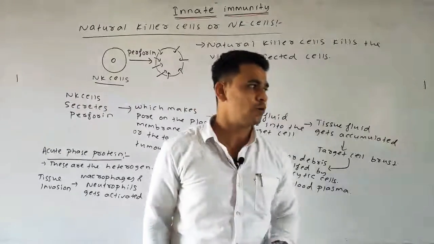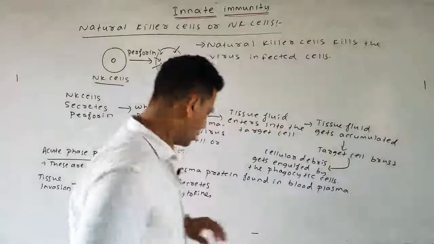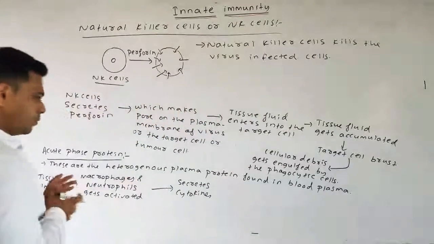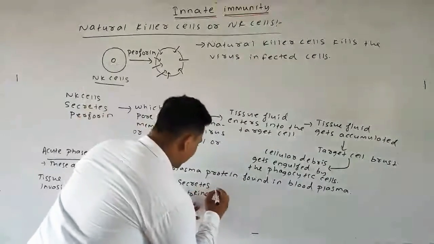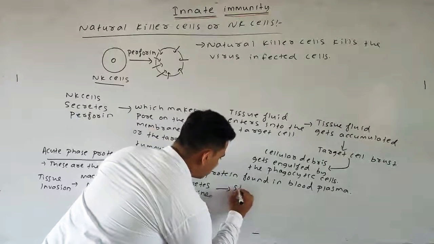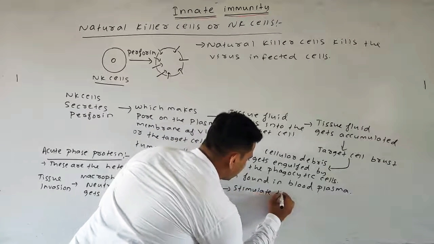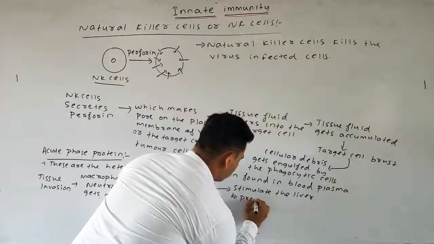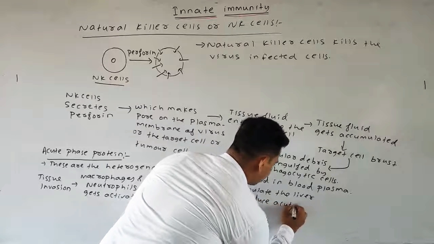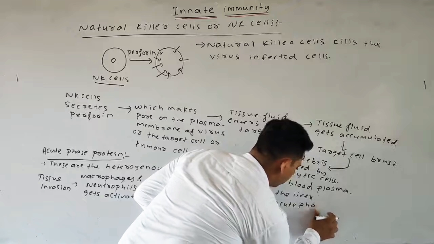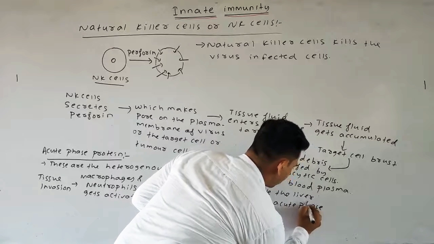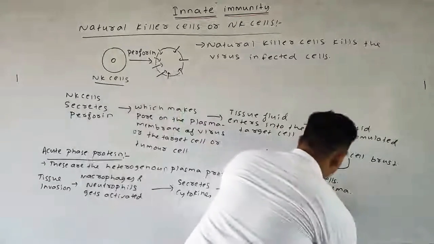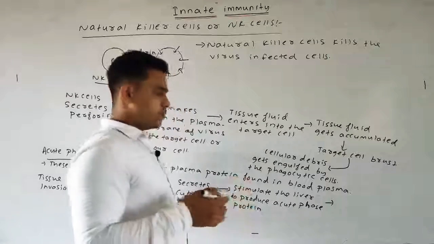Cytokines, we can say, are a group of proteins found in the cells of the immunity which fight the pathogen. They further stimulate the liver to produce acute phase protein. Okay, the acute phase protein further helps in inhibiting the viral infection.